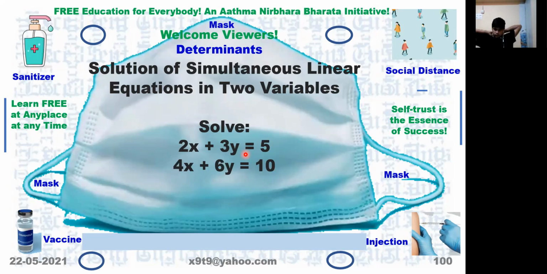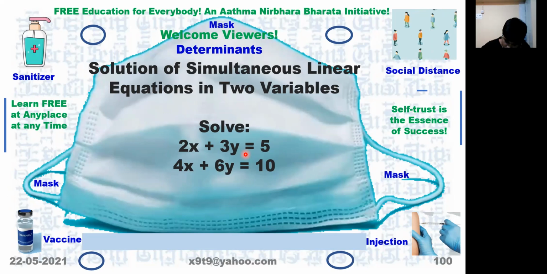Now try this problem. 2x plus 3y is equal to 5. 4x plus 6y is equal to 10. So delta is equal to 0.